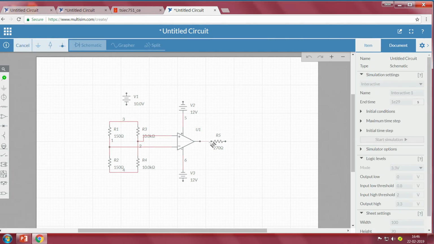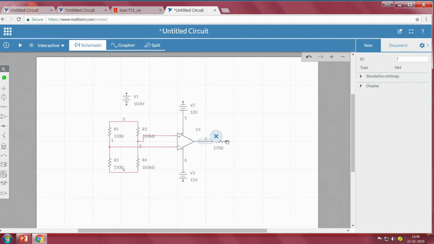And then having a connection between the base resistor and the output of your amplifier, so the output of the op amp goes to your transistor.